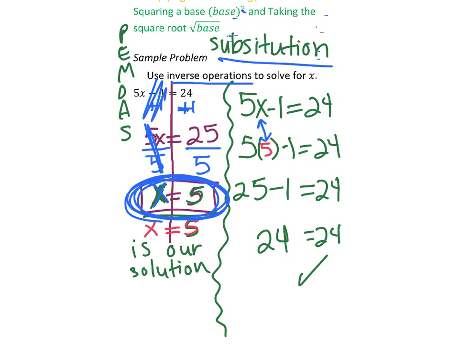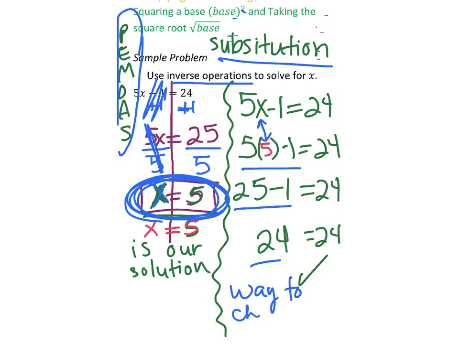You can use substitution to check your answer. So we plugged in that 5, and we used order of operations, which is something that eventually will become just a habit. We're not going to be writing this down all the time. We used order of operations, first parentheses, then exponents, multiplication, division, addition, subtraction, to do this calculation here, and we got a correct answer. We got a true statement. So that's just a way to check your answer.